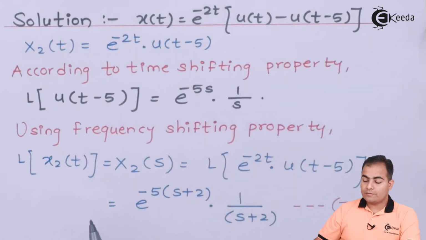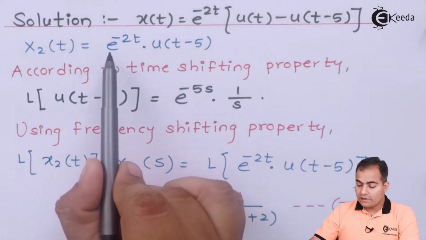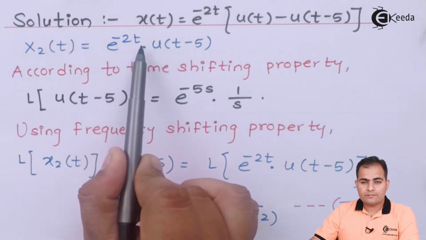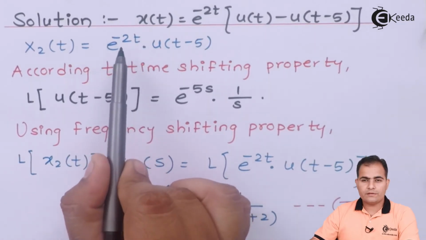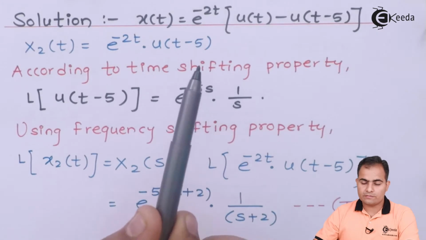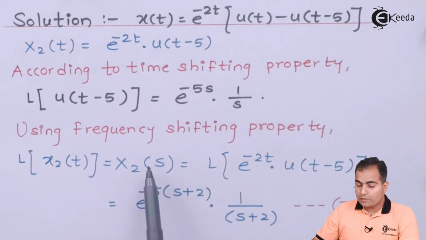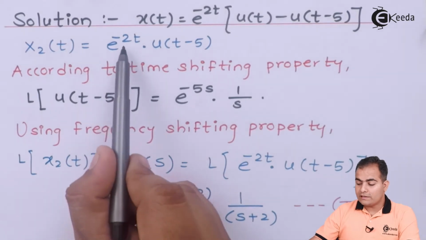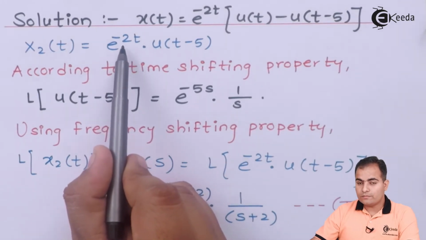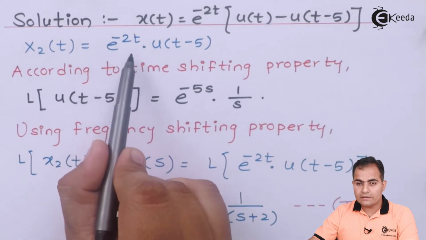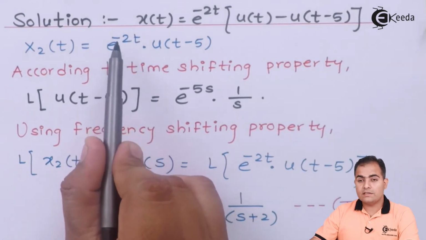Now the third part, that is e to the power minus 2t. This means we have to use the frequency shifting property in this question. If we use the frequency shifting property, all the s is replaced by s plus 2, because here we have minus 2, or you can say this frequency is delayed by minus 2.